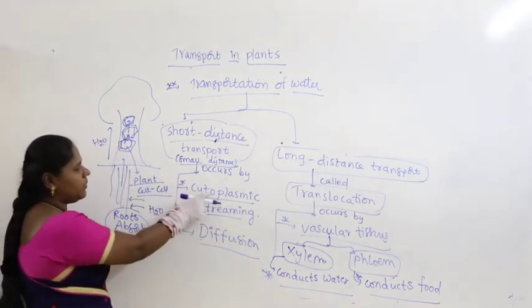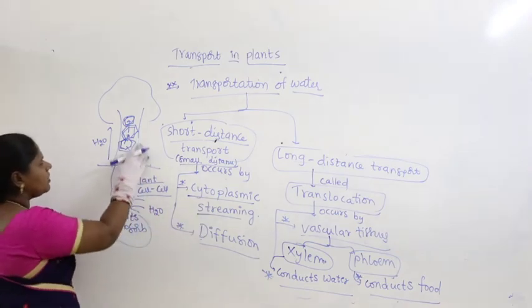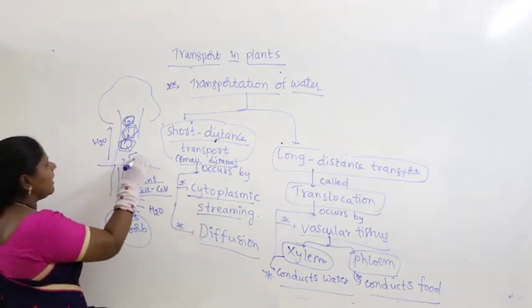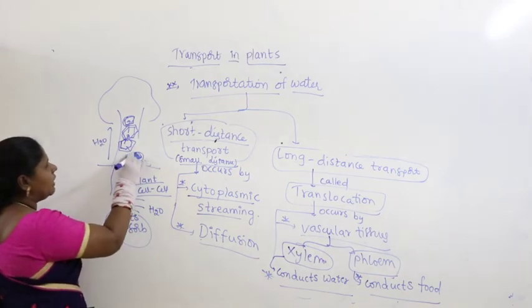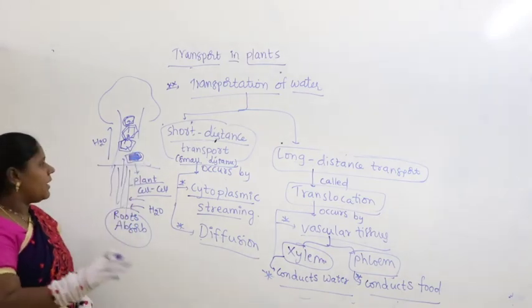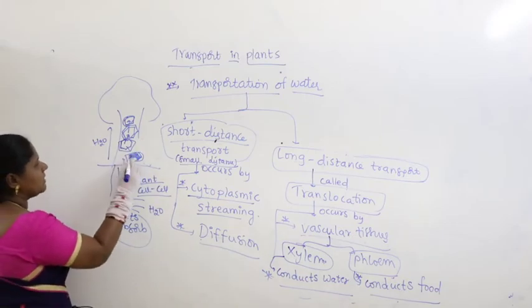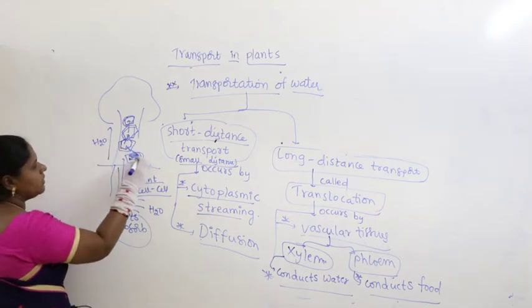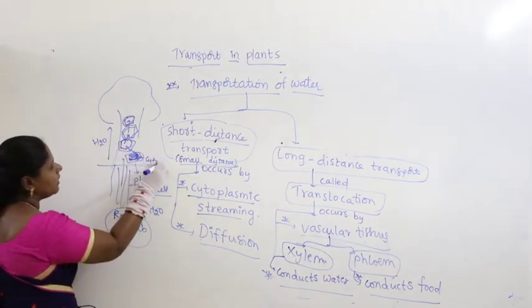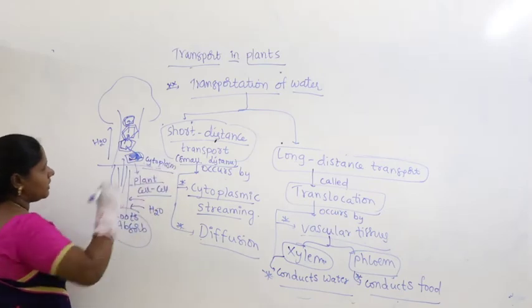What's the meaning of cytoplasmic streaming here? Suppose one cell is fully filled. So what happens within the cytoplasm? Cytoplasm will make the movement. It pushes the water and minerals to the next neighbor cell. So who is playing a vital role here? Cytoplasm.